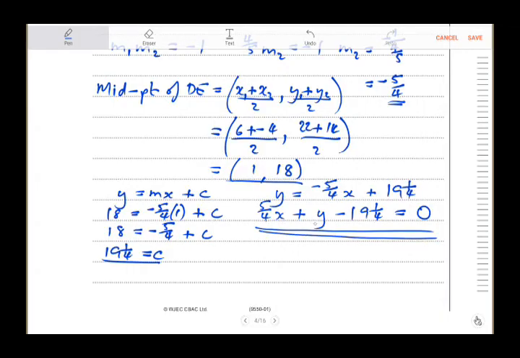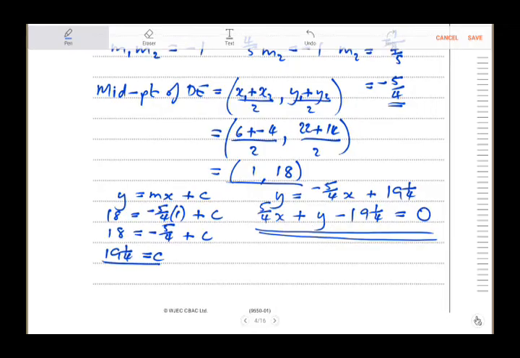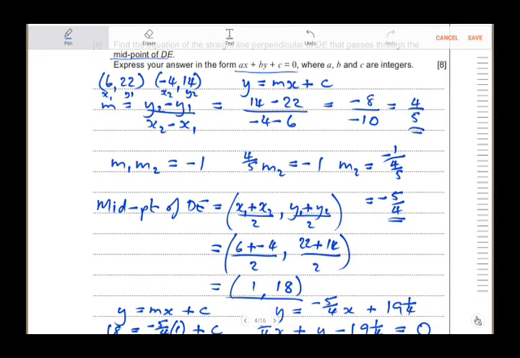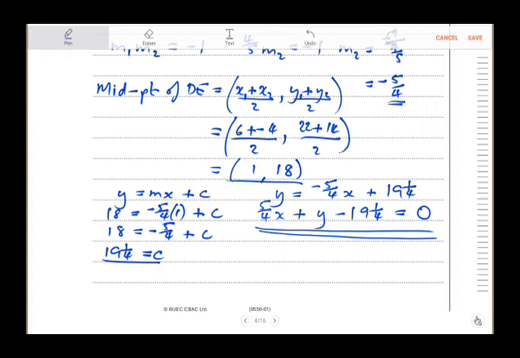Now that is in the form ax + by + c. But hang on a minute, I haven't quite finished, because it says a, b and c are integers. Integers are whole numbers, and I've got fractions here. Luckily both fractions are quarters, so all I need to do is multiply the whole equation by 4.